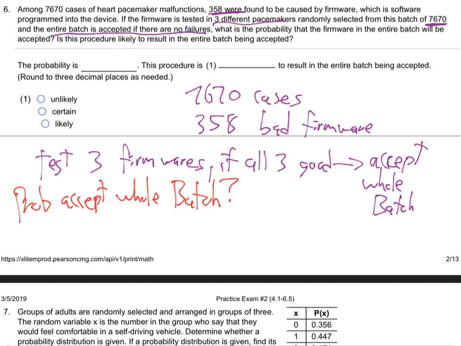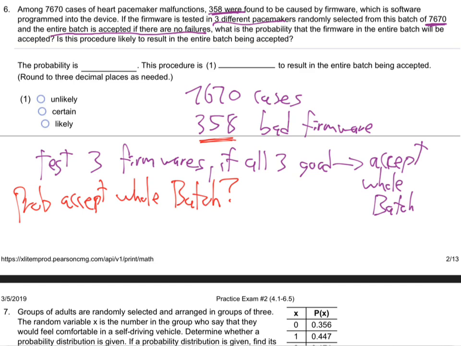What's the probability that's going to happen? You don't want to do that, right? That would be a bad thing, because you know there's a bunch of bad ones in there. There's 358 bad ones. So we're asking, is this a good quality control plan for the company? Or should they change it? So what's the chance, if they just grab 3 at random, look at them, all 3 are good, and they pass it right on? That's what we're figuring out here, right?